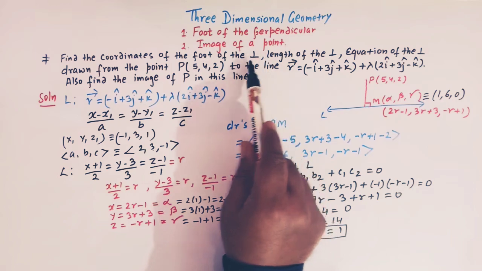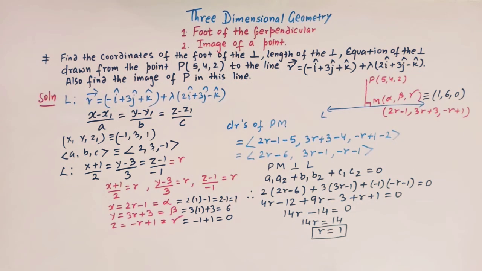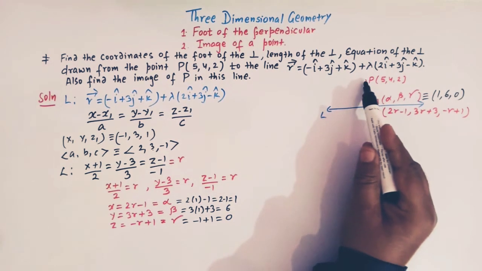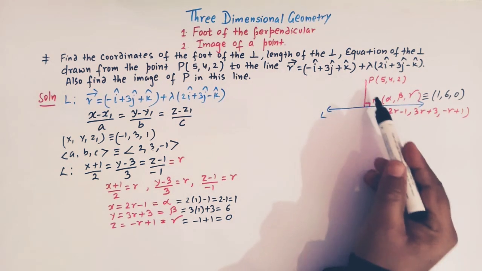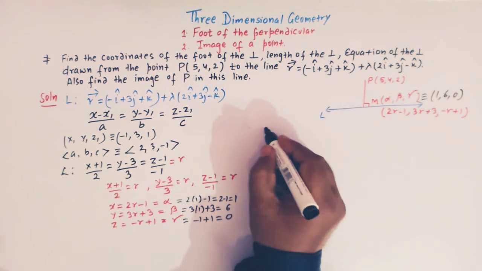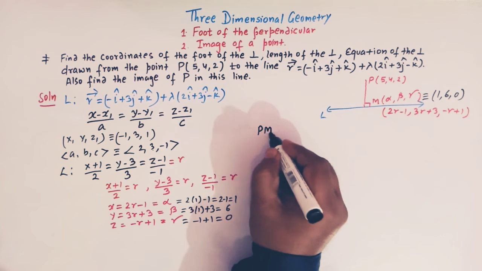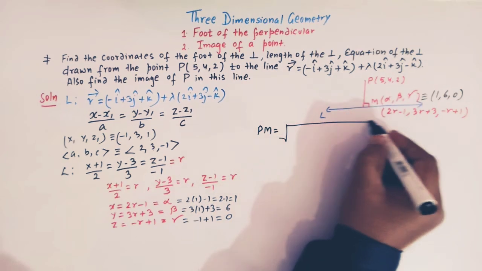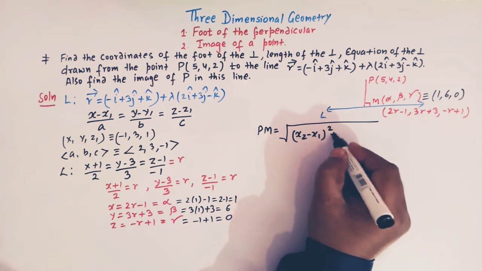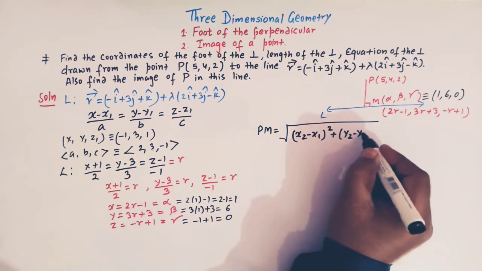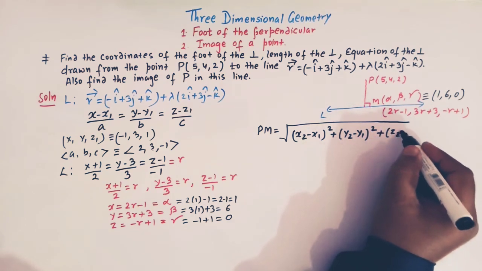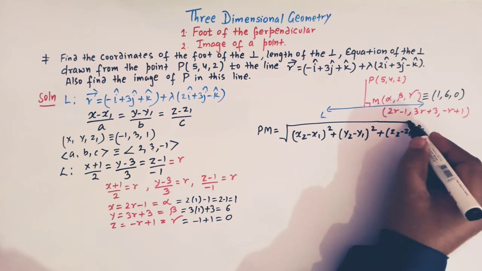Now let us find out the length of the perpendicular. So viewers, in order to find out this length PM, we can use the distance formula in three-dimensional geometry. So PM is given by square root of (x2 minus x1) square plus (y2 minus y1) square plus (z2 minus z1) square, right?